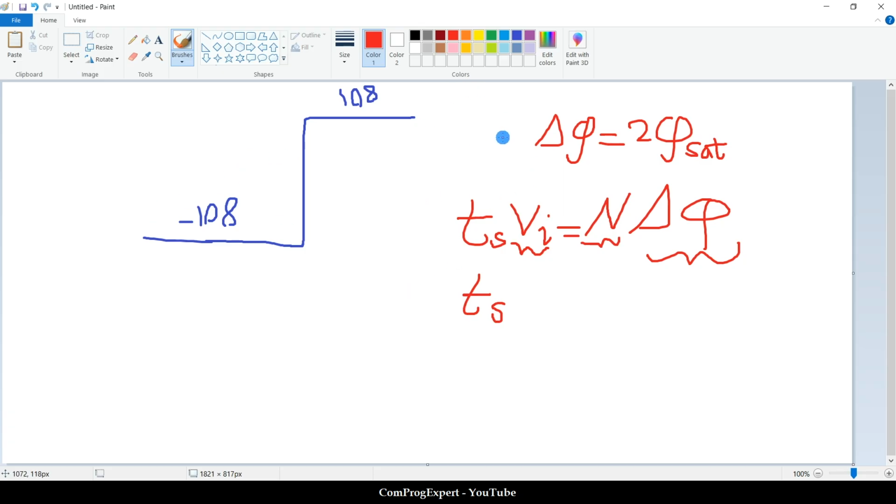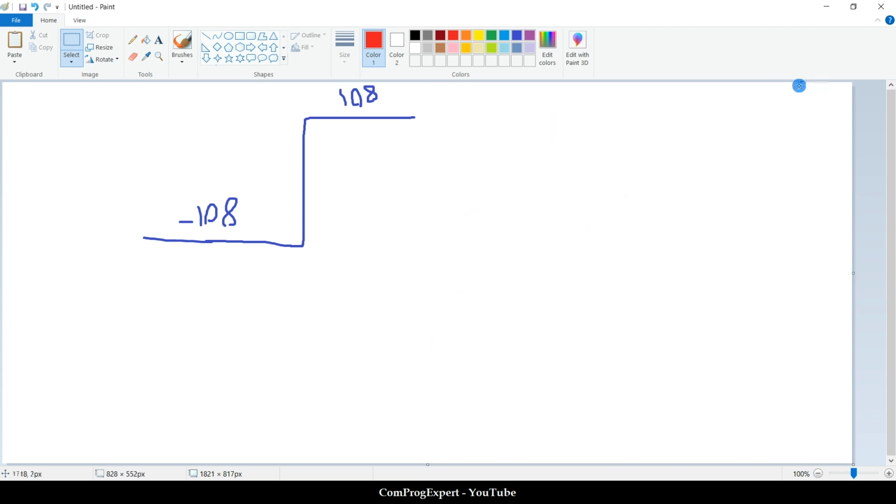So this is the case when we apply this voltage waveform, this square wave.